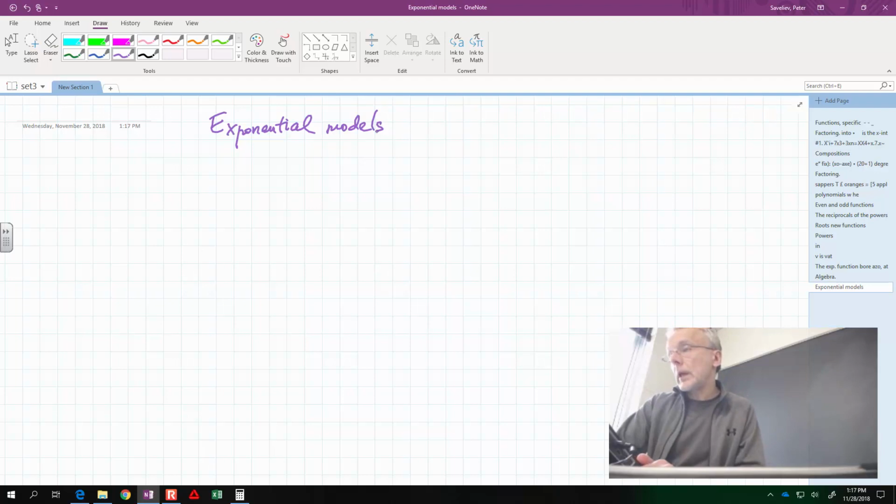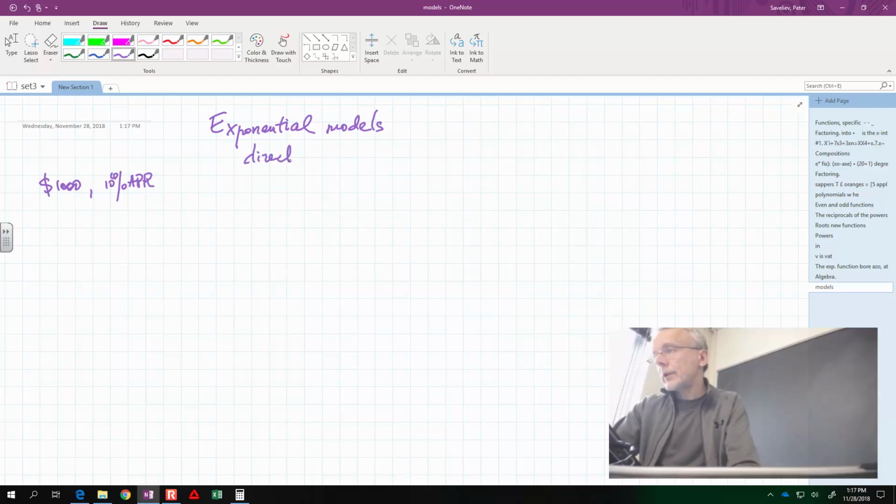Let's take the simplest one: you have $1,000 and 10% APR, and the direct problem about this exponential model is how much I will have after 10 years.